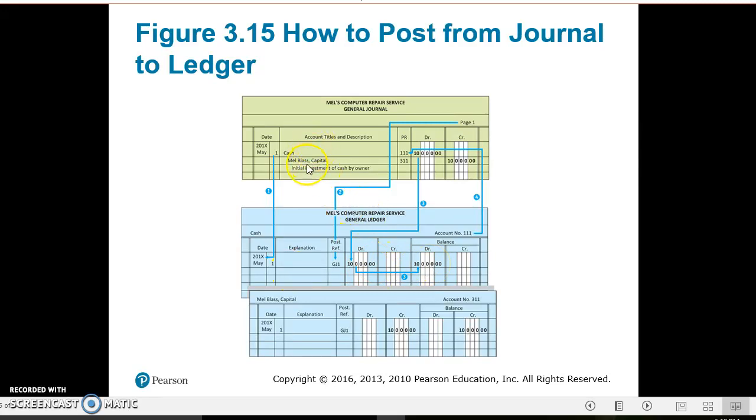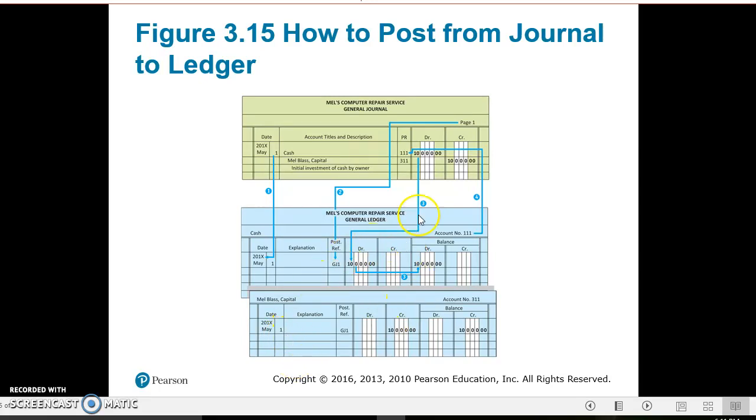If I had another transaction that had cash, let's say on the 5th, GJ1, and we had a credit of 1,000, if I have 10,000 as a debit balance, I take away 1,000, and that would be 9,000. So this balance column right here is going to be a running total balance for you, so you have one place to look to know what the balance is.